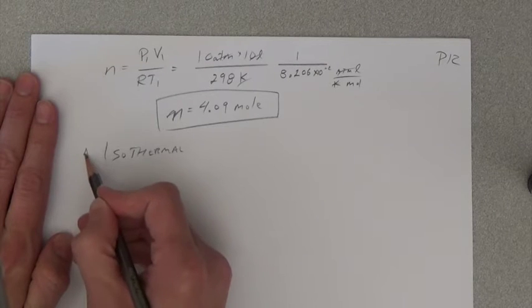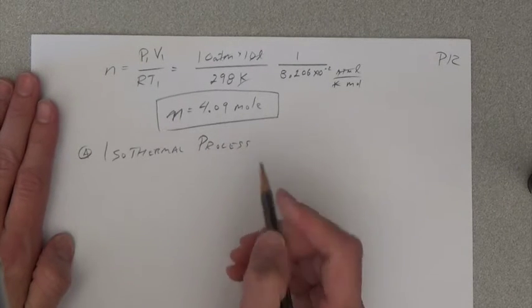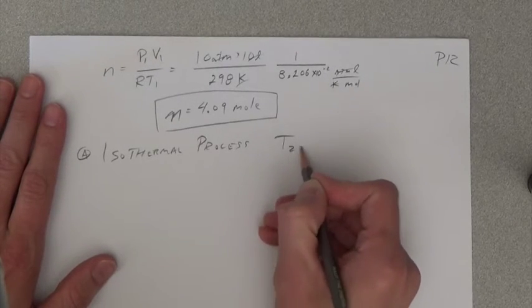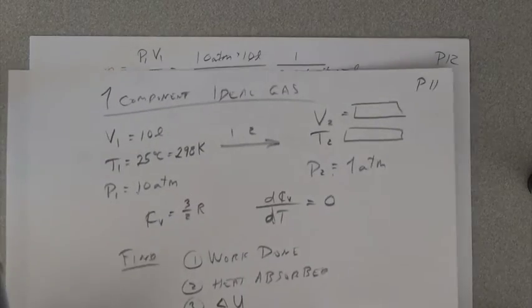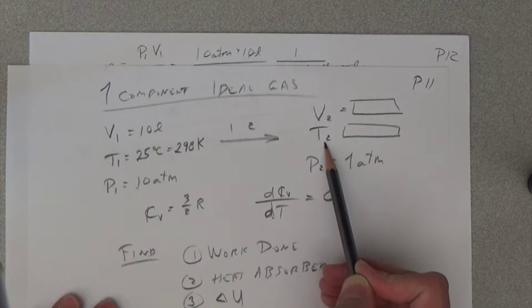Okay, so now let's look at the isothermal process. In the case of the isothermal process, we have that T2 is equal to T1. So that's going to set our value of T2.